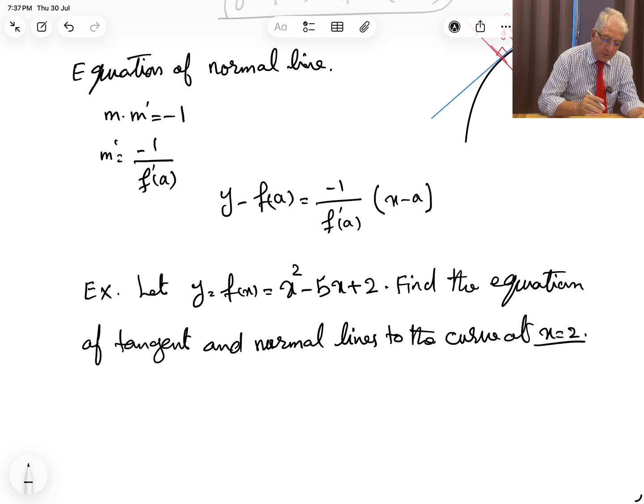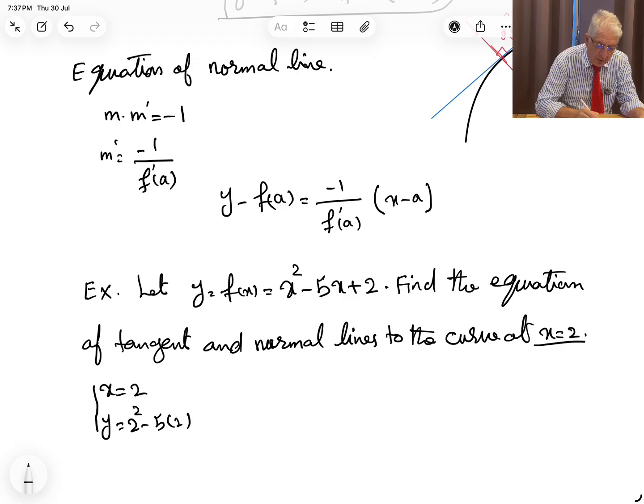First of all, if x is 2, how much is y? Because I need a point. You can substitute here with 2 squared minus 5 times 2 plus 2, and easily calculate this. This will be equal to 4 plus 2, 6. 6 minus 10 is negative 4.